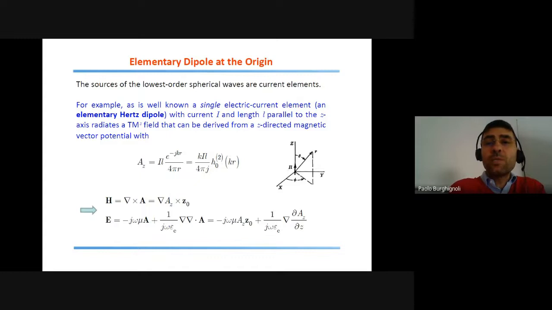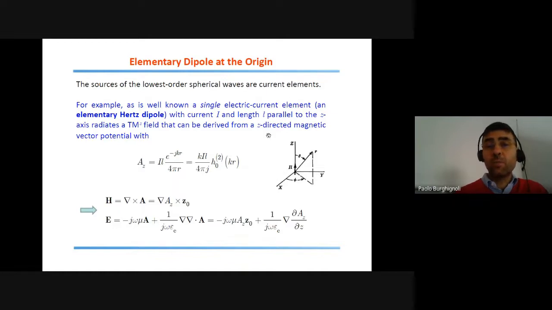For example, if you have a single electric current element, there is an elementary dipole, also called the Hertz dipole, carrying an electric current I with a length L, and it's placed at the origin of our reference system, parallel to the z-axis.